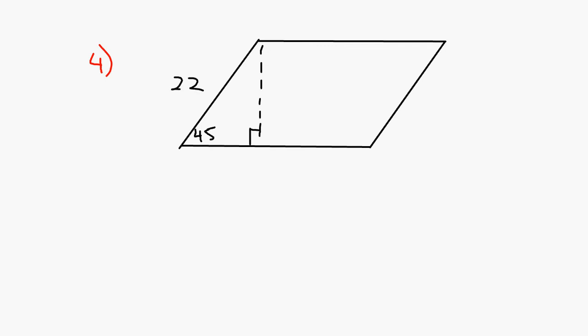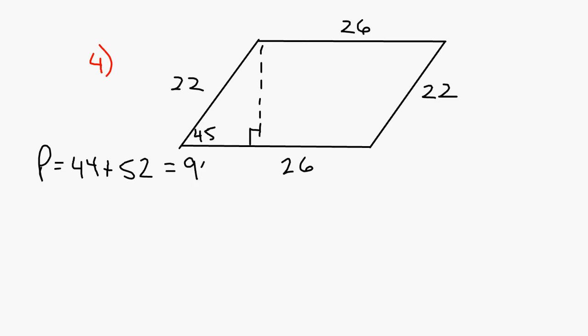If the left's 22, the right's 22. If the top's 26, the bottom's 26. So the perimeter is going to be equal to 22 times 2 is 44. And 26 times 2 is 52. And 44 plus 52 is 96.